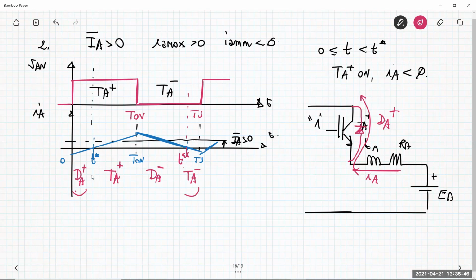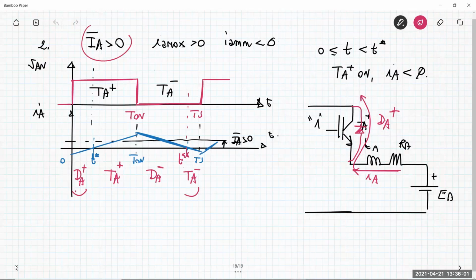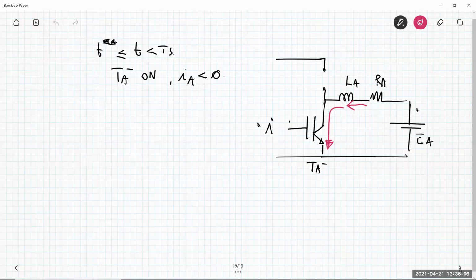Basically in that situation this operating mode is sometimes called a motoring mode, because the average current is positive, the voltage is positive, so the average power flow is from, let's say, the source to the DC motor. So it is a motoring mode.